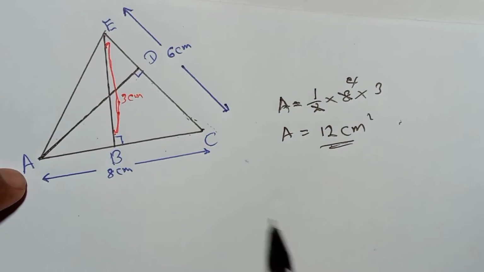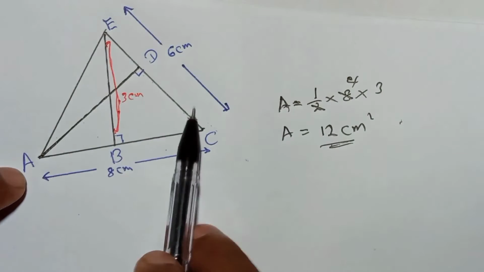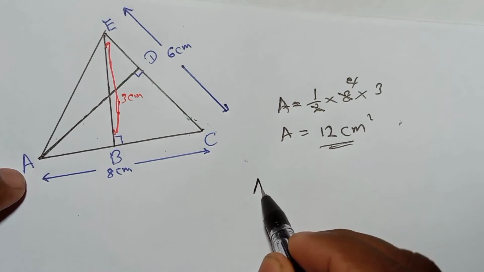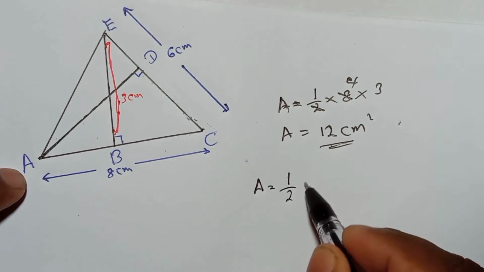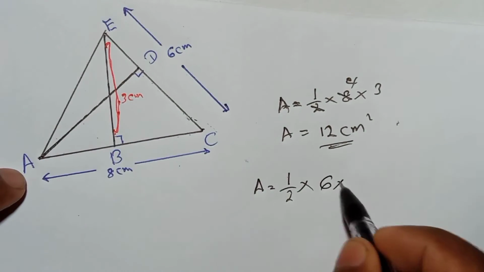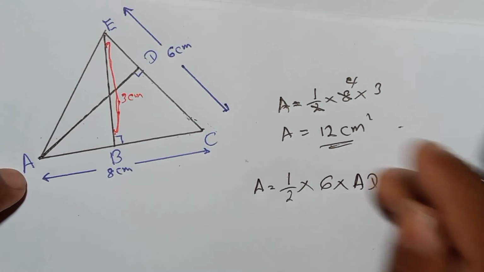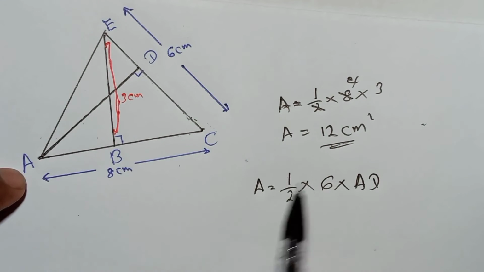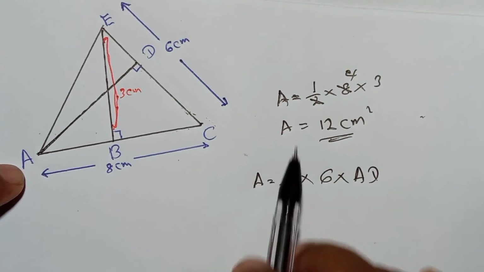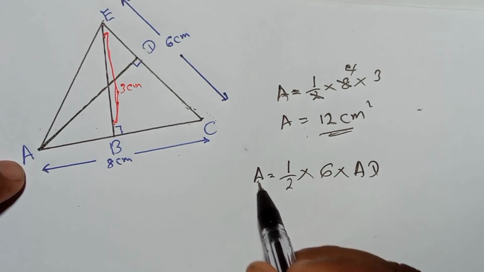So I will use that again with this side. Now this side I will think of as base. So again the area of the same triangle is half into base. Base, let's think, is 6 now, right? 6 into AD. You will have the same answer now. We already know the area, so we can replace A with that answer.